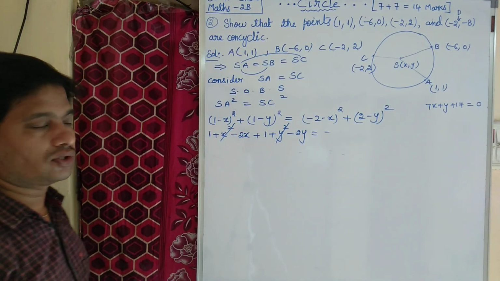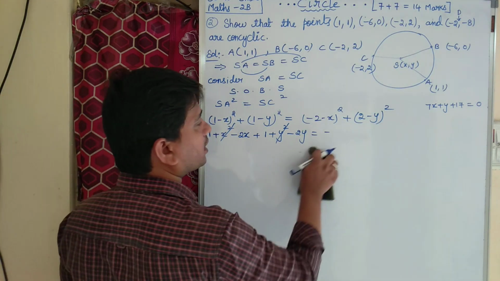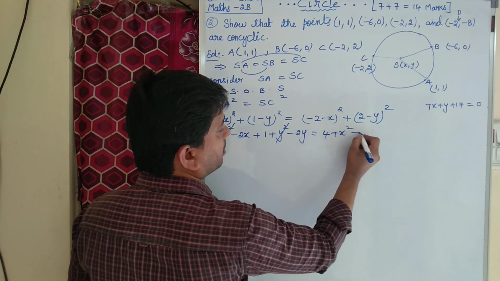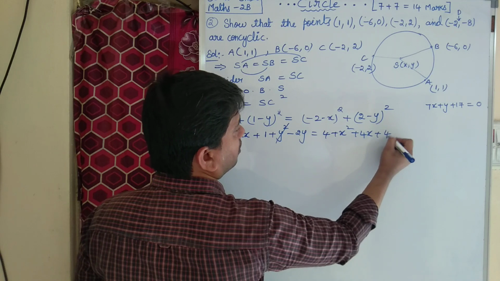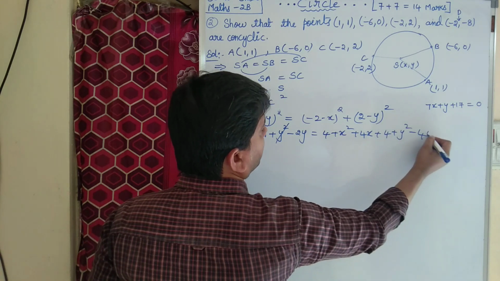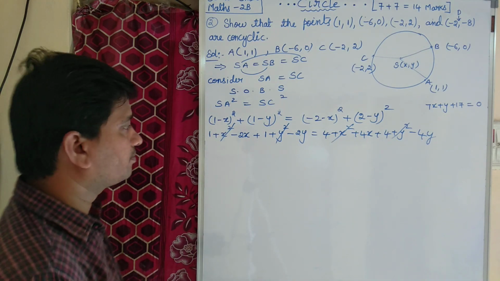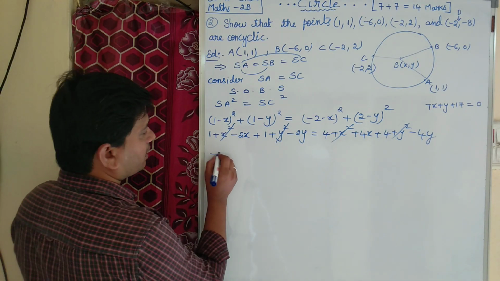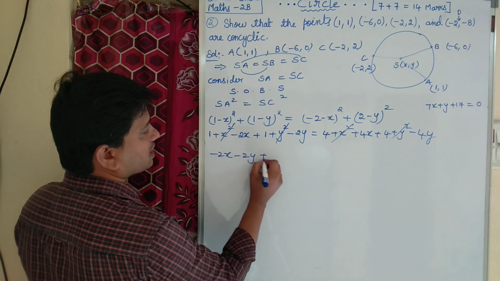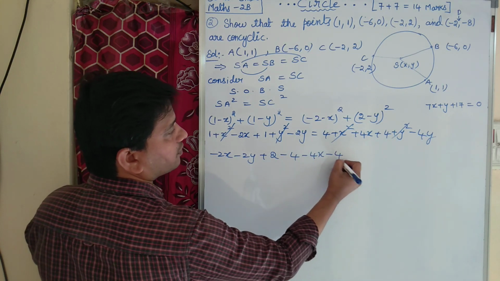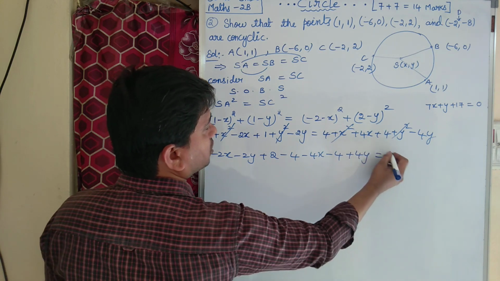Okay, children? So again we need to apply the (a plus b) whole square formula here. 2 square means 4, plus x square plus 4x, 4 plus y square minus 4y. X square cancels, y square gets cancelled. Again minus 2x minus 2y, 1 plus 1 is 2, minus 4 minus 4x minus 4 plus 4y equal to 0.